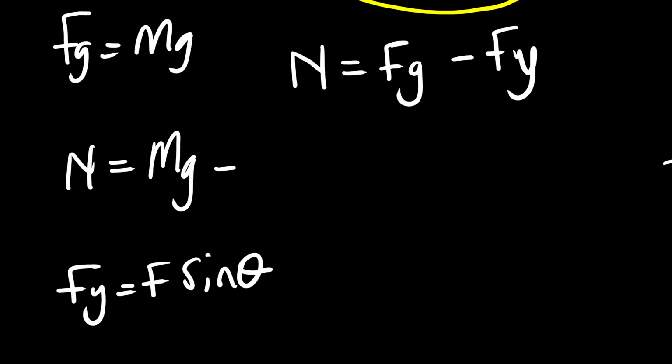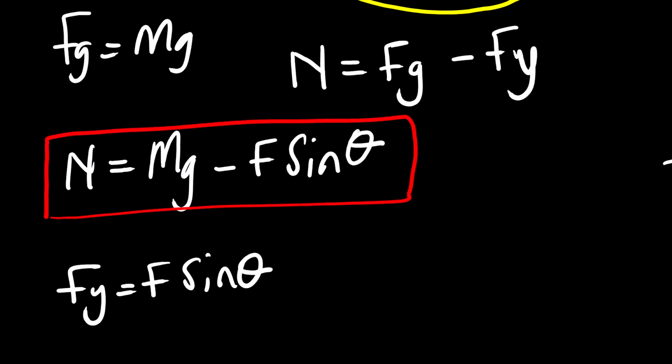So where we see Fy, you can substitute by F sine theta. This is the equation to calculate the normal force on a flat surface, and then we have a force applied at a certain angle.